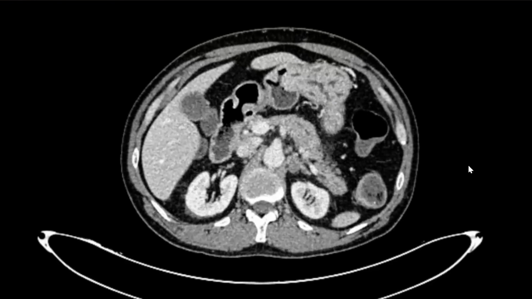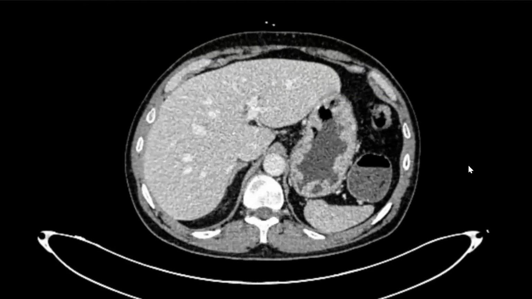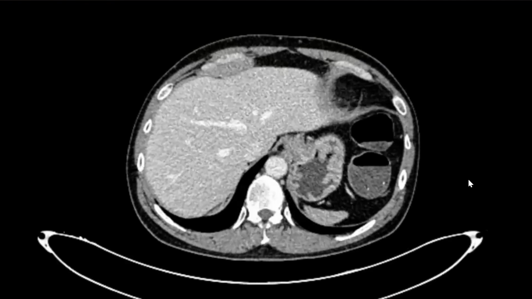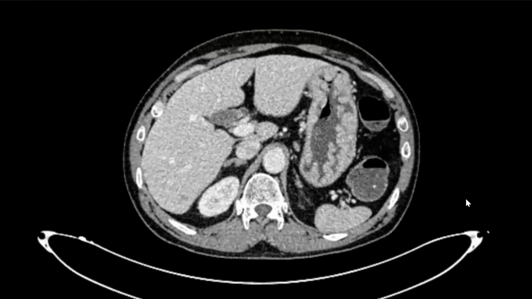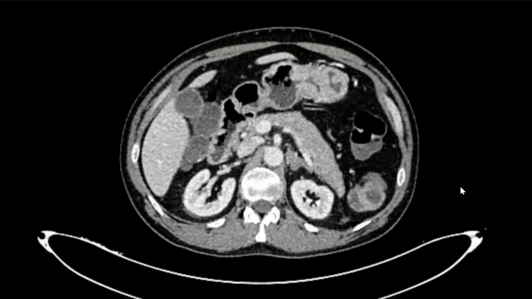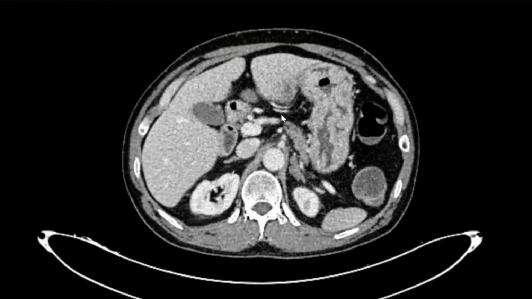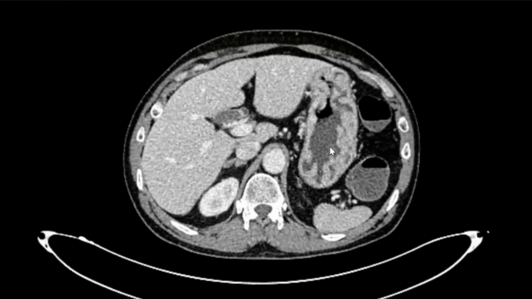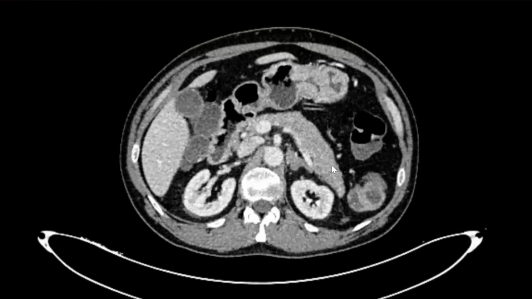Another thing can be Menetrier disease, but there are no symptoms of edema or protein loss, so it is ruled out. Another thing could be varices. I can see there are prominent vasa recta, prominent vessels around it.